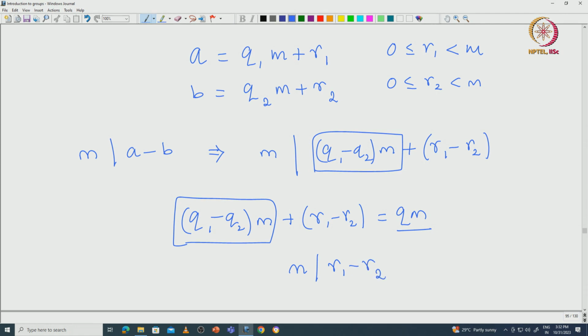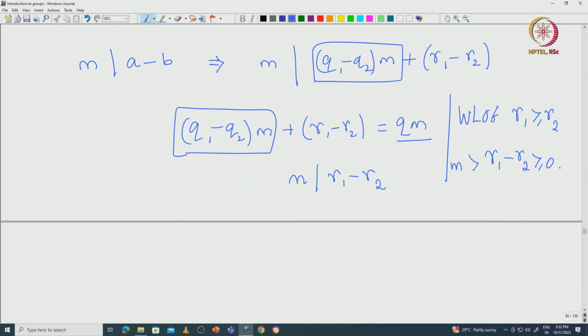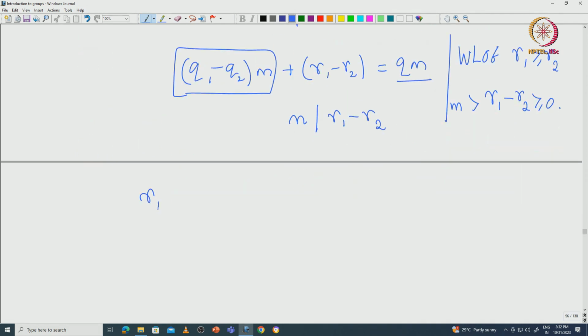But note that R1 and R2 are both less than M. Without loss of generality, you can assume R1 is greater than or equal to R2. In particular, R1 minus R2 will be greater than or equal to 0. Now R1 minus R2 is a non-negative integer, and clearly this is smaller than M. So it cannot be a multiple of M unless it is 0. That forces R1 to be equal to R2.